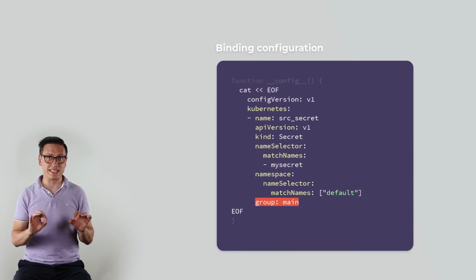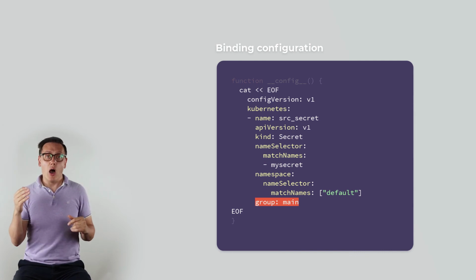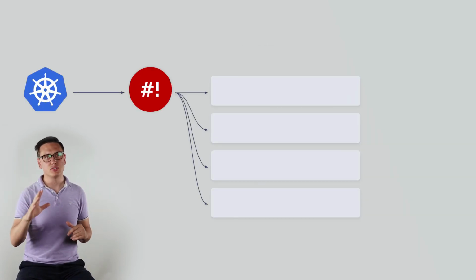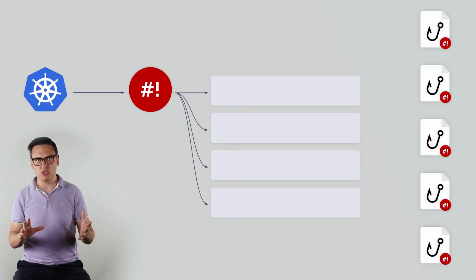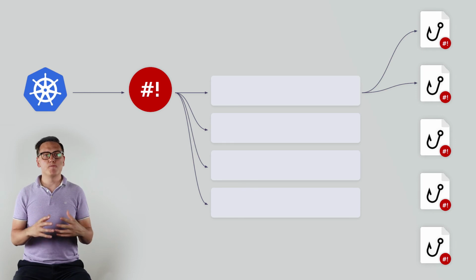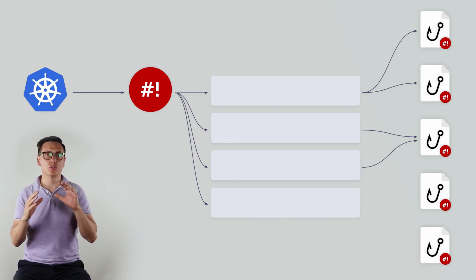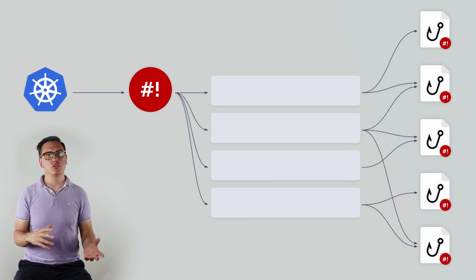The group field is responsible for grouping. Moreover, you can have as many queues as you want, and you can have as many hooks as you want. And you can use one queue from two hooks, or you can use two queues in one hook, or create any combination you want.